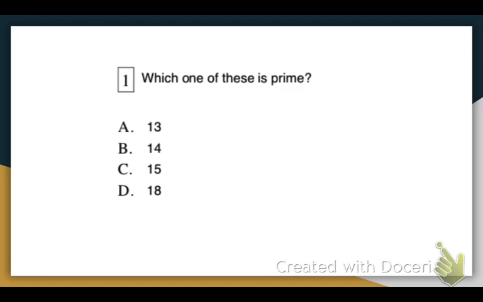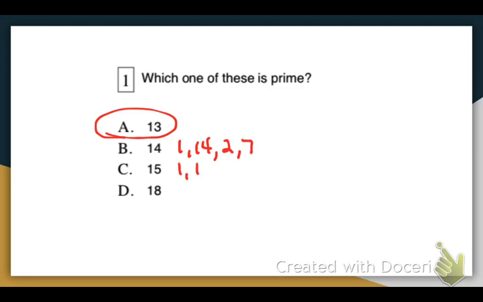Which of these is prime? Well, prime means that the only way to get that number is 1 times that number, or that it only has 2 factors. The correct answer there is A, because you have 1 and 14, 2 and 7.